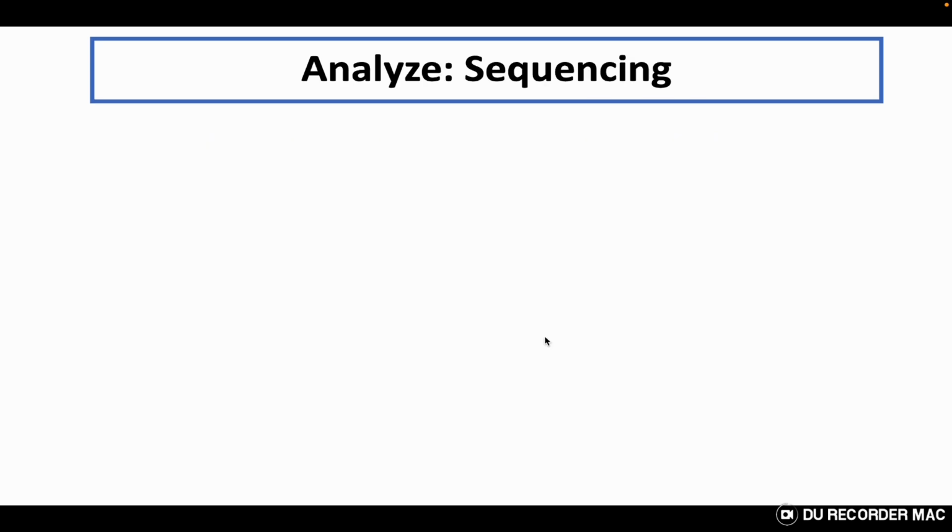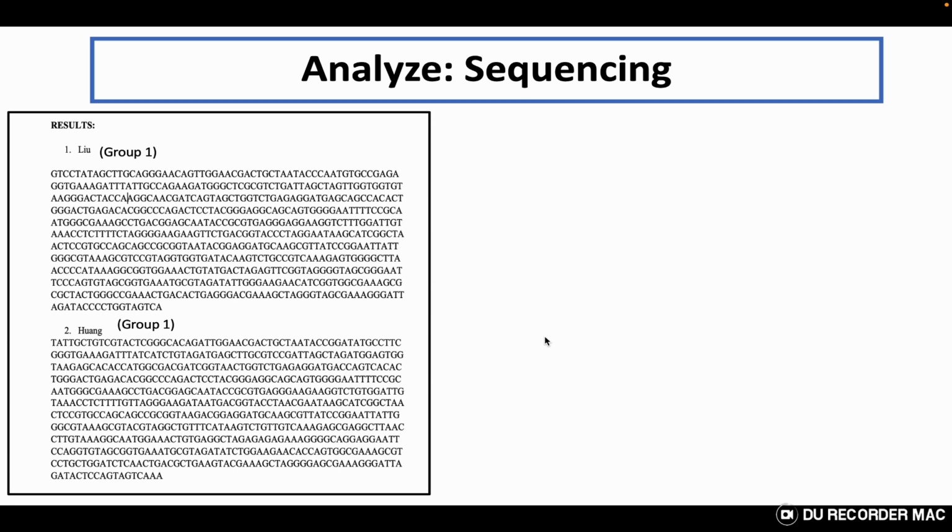And lastly, analyzing the sequencing. This is the sequence that we got from our results. For group 1, we need to analyze 2 sequences.